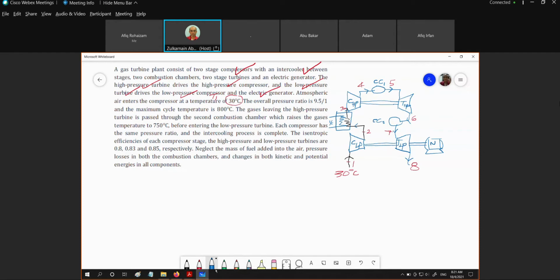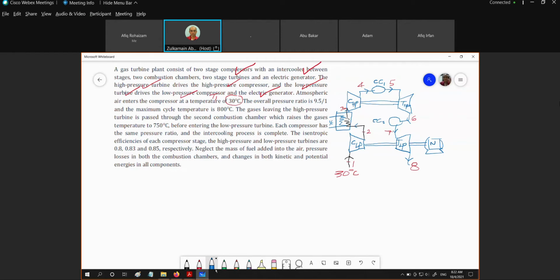And then the overall pressure ratio is 9.5/1. So what is the overall pressure ratio? The maximum pressure divided by the minimum pressure. So this is the intake of our low pressure compressor, should be our ambient condition.